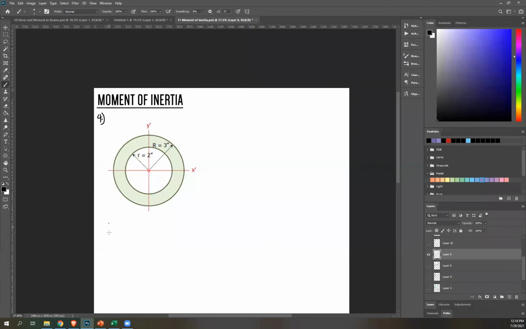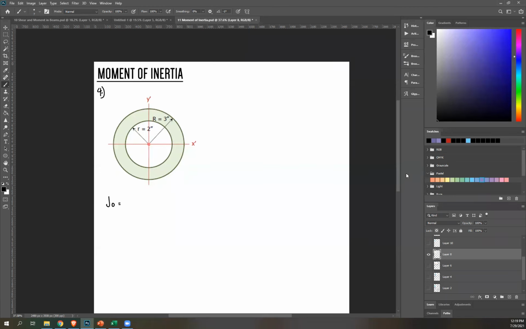So we're looking for J sub O, right? So that's Ix plus Iy. Now there's a problem here. The equation that we know so far is that of a circle. This is a ring. So what we're going to do is similar to what we did with centroids: we take the area as a separate entity, and when we use it in our equation, it just has a negative sign.